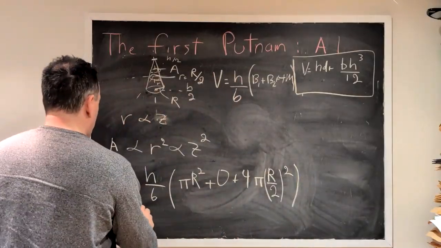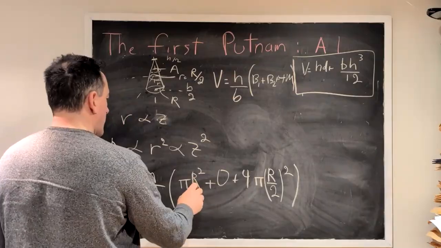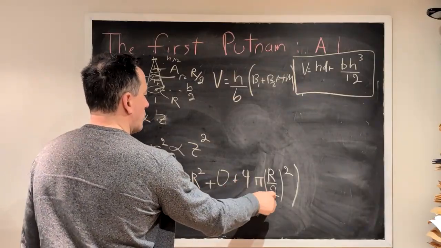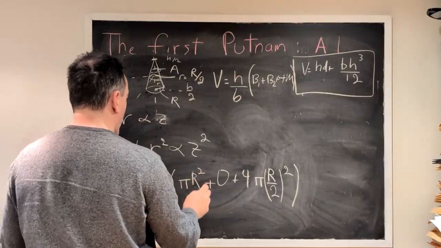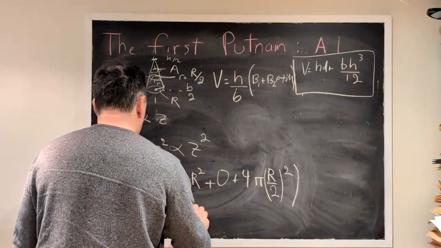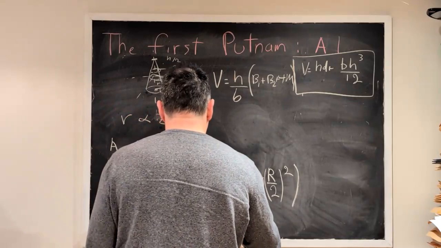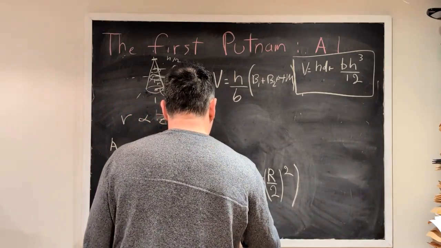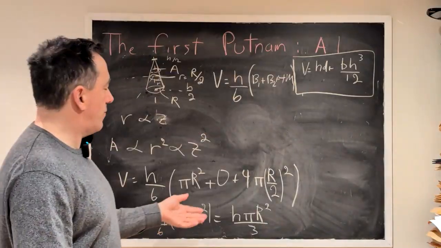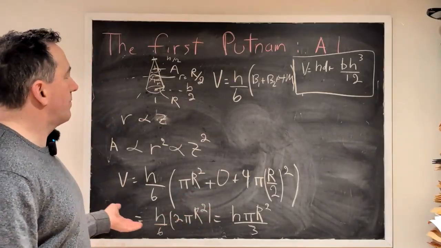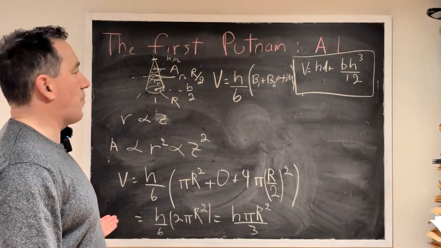And this gives us h over 6 times, these 2 squared and this 4 will cancel out, so we get 2 pi r squared, which is equal to h pi r squared over 3, which is the usual formula for the volume of a cone. And on the next board we'll do the evaluation for a sphere.